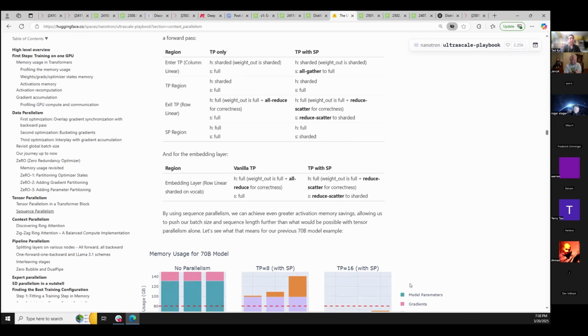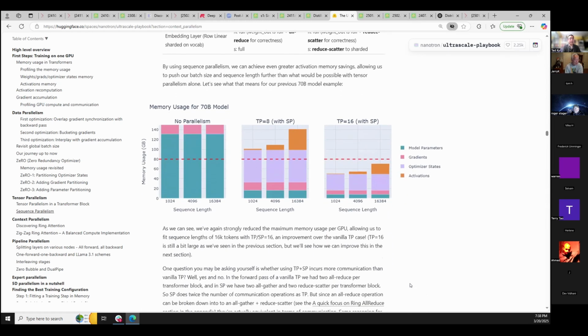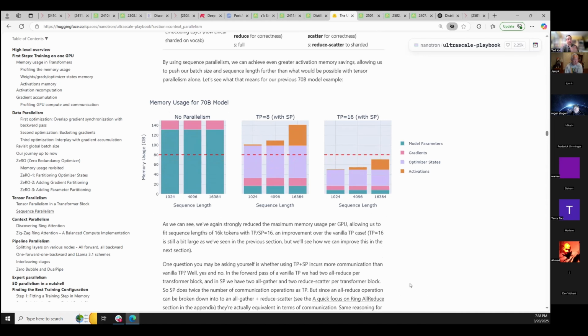All right, so that's tensor parallelism, and in this article they really refer to it as tensor parallelism with the sort of obvious sequence parallelism that we're going to throw in there. The great thing about tensor parallelism is it dramatically reduces your memory need.